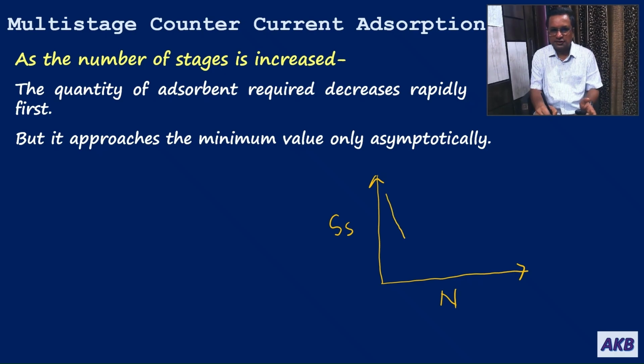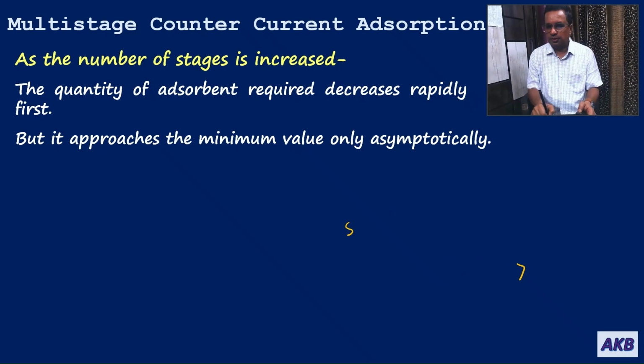It will decrease rapidly initially, and then afterwards it will approach the minimum value asymptotically in this manner. So that is the case when you increase the number of stages in the multistage countercurrent adsorption operation.